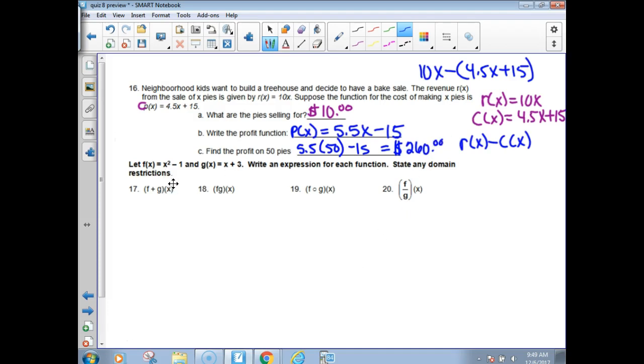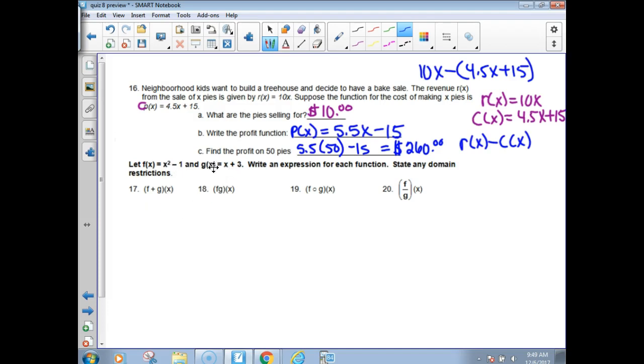All right, next section. Let f of x be x squared minus 1 and g of x, x plus 3. We've got two functions, and now we're going to do some stuff with them. You need to state any domain restrictions. You don't have to write the domain unless it has restrictions, okay? So when you add the functions, this one's parabolic. It's got a domain of negative infinity to infinity. And this one's linear, so it has a domain of negative infinity to infinity.